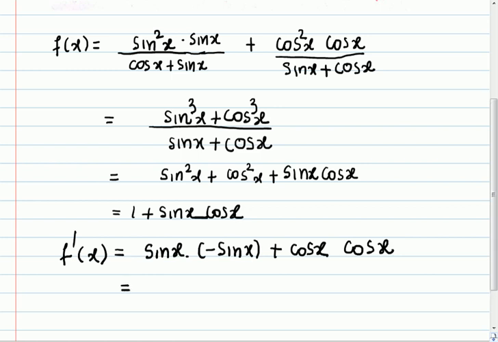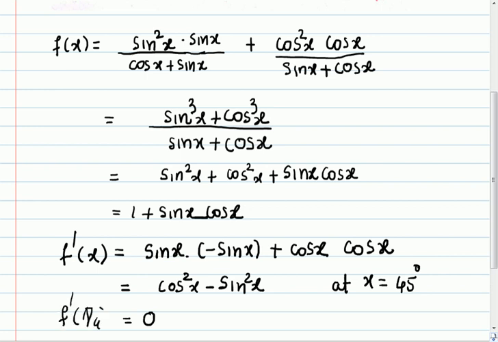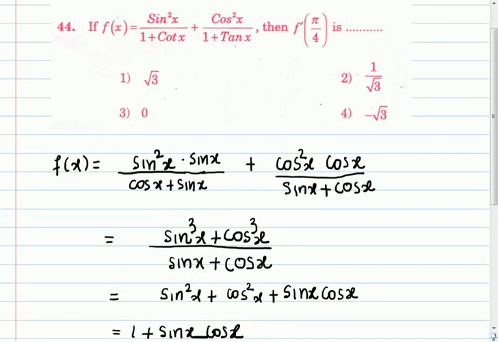Hence we will be getting cos square x minus sin square x. So at x equal to 45 degree, these both functions are equal. Therefore what should be the answer? F dash of pi by 4 must be equal to 0. Clear?